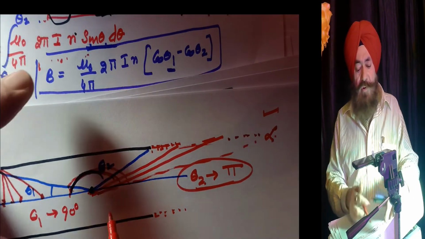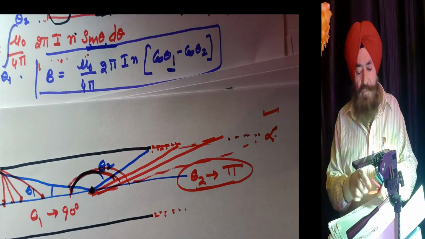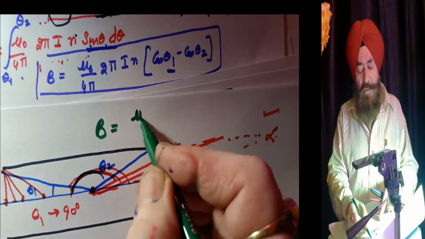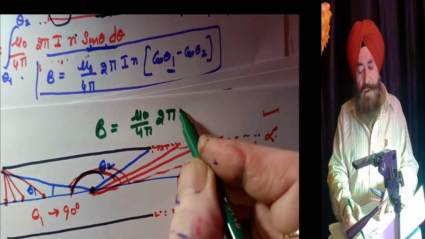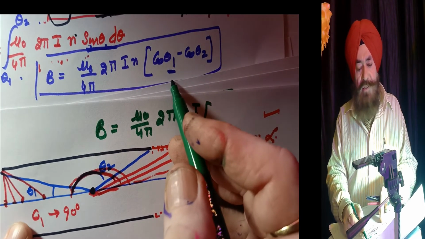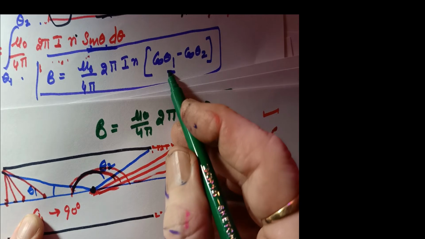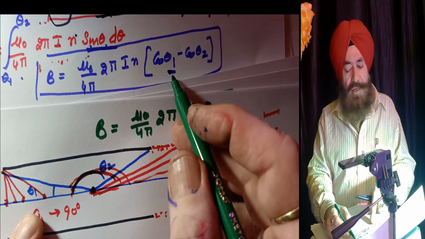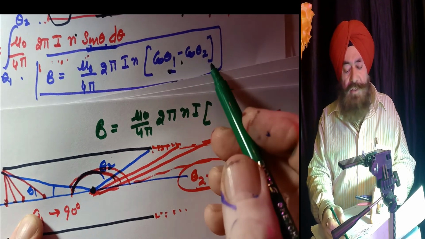So the formula for the field becomes mu naught over 4 pi, 2 pi n I, cos theta 1. Theta 1 is 90 degrees, and cos 90 is 0. Then minus cos theta 2.